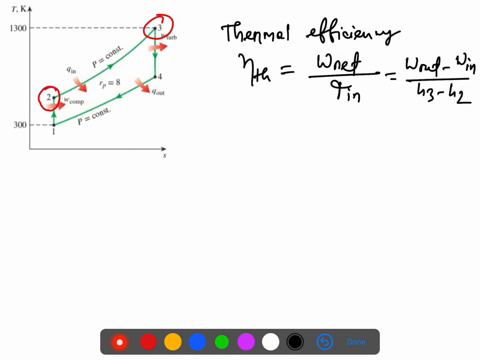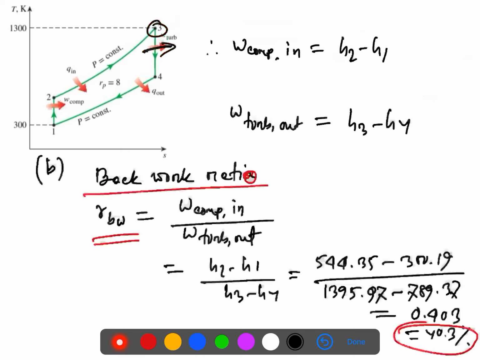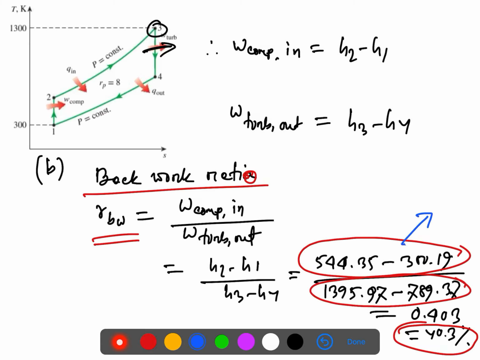Here, if we calculate this value and the difference, I should write it down here. So this difference, the work in, is 244.16, and the work out is 606.6.